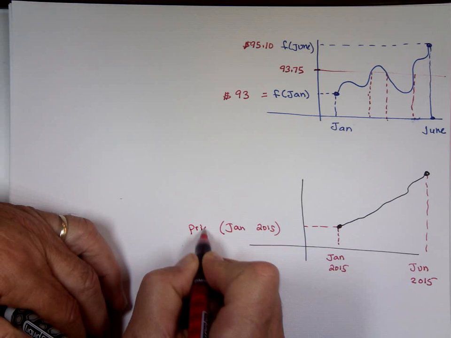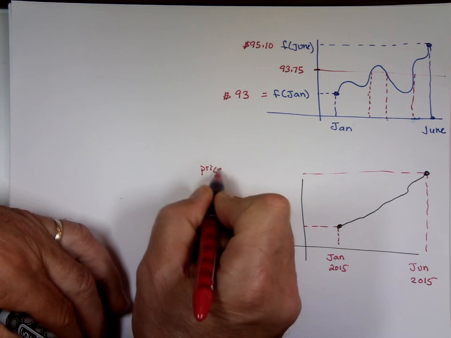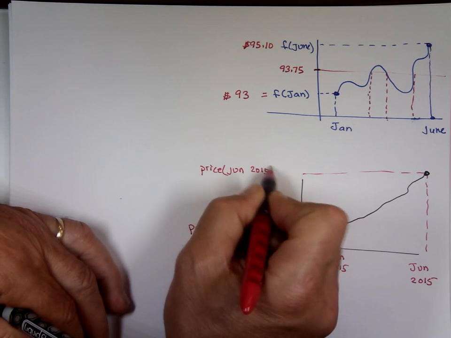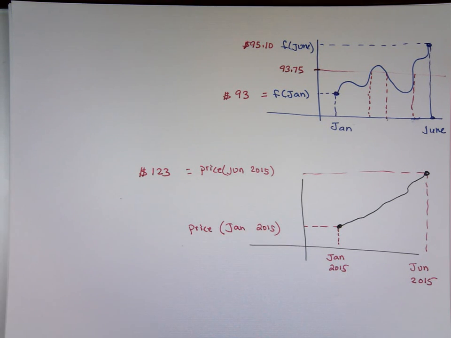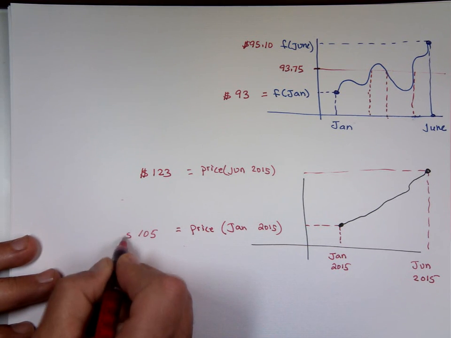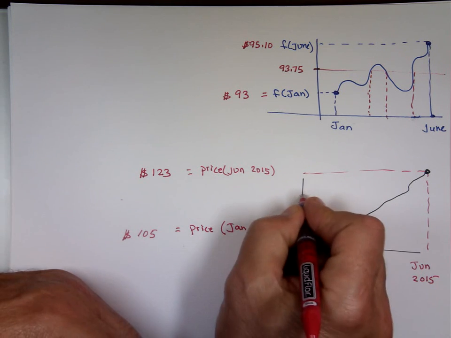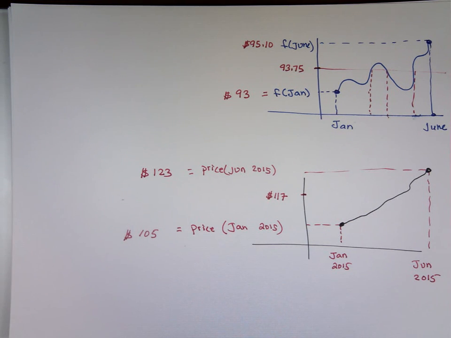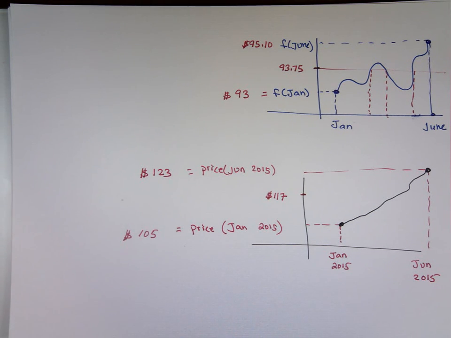And this is the price of Apple in June 2015. This might be $123 a share. This might be last year, let's say 105. You say pick a number between 105 and 123. You go 117, somewhere here. There has to be a day between January and June of 2015 where the Apple shares hit a price of 117. At least one day.